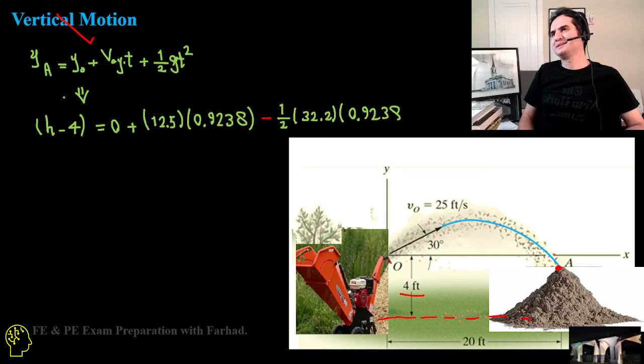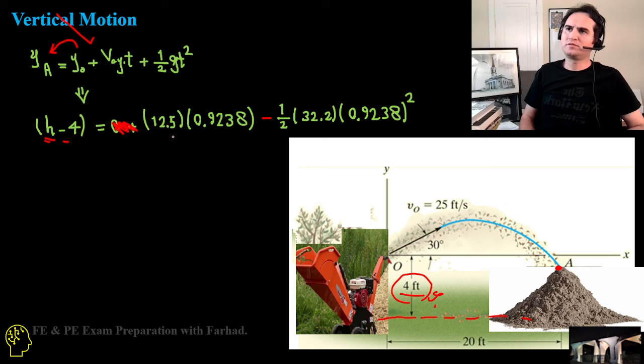If we take y naught into the first part of the equation, that says h minus 4 feet, which is y naught, is equal to 0 plus v naught y, which is 12.5 times the travel time, minus a half of g times t squared.